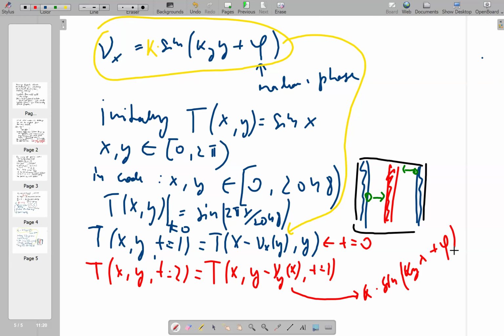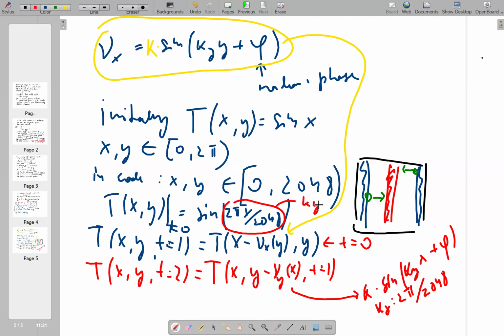Now it's coming from here. ky is 2 pi divided by 2048. Okay, that's our ky. All right, and each time we take that phi as a new random number.